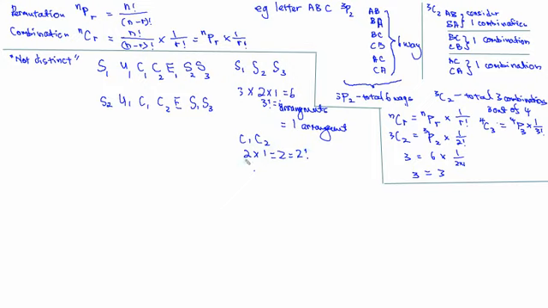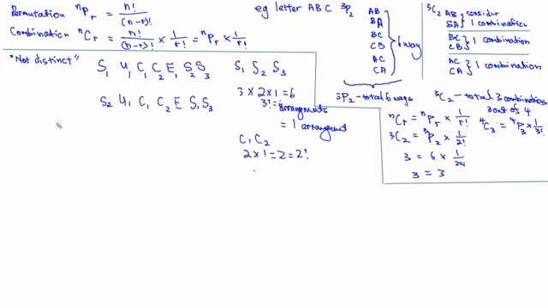C1, C2 is one way, C2, C1 is another way. But all this is considered one arrangement because they are identical. Using this same principle, the C's are the same, so you have 2 factorial.